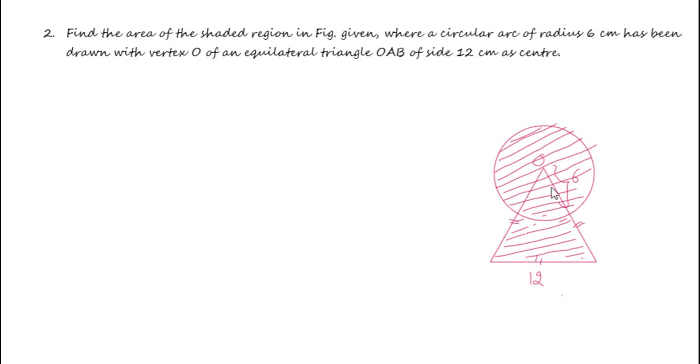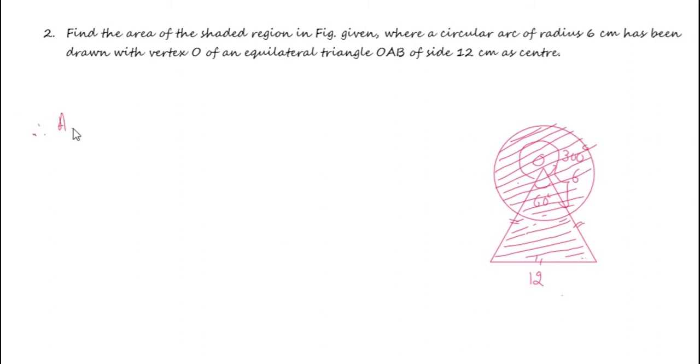So we can take it like this: area of this equilateral triangle plus area of this sector, this entire major sector. Since this is an equilateral triangle, this angle is 60 degree, so this angle equal to 300 degree.